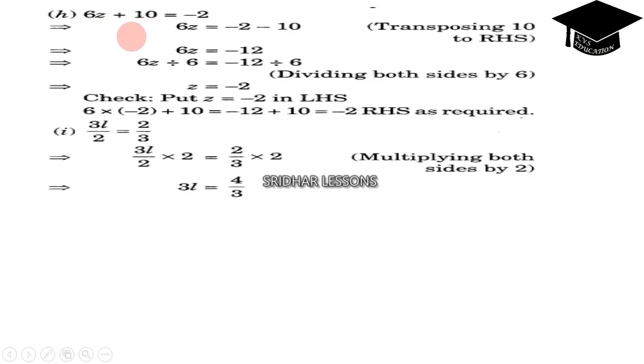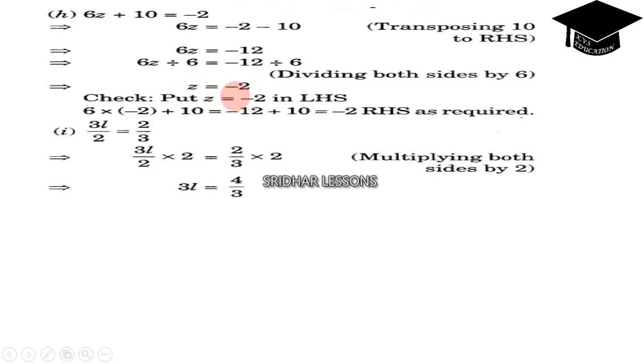Question H. 6z plus 10 is equals to minus 2. So if we can transpose the 10 to the right hand side, 6z is equals to minus 2 minus 10. That means 6z is equals to minus 12. Since we have multiplication here, 6z divided by 6 is equals to minus 12 divided by 6, upon division both sides by 6.